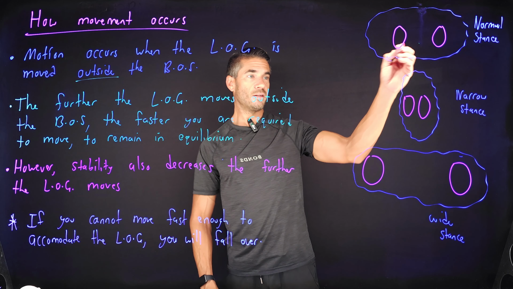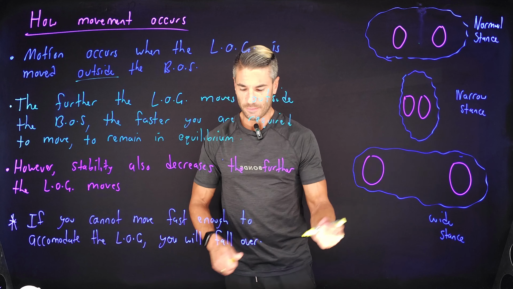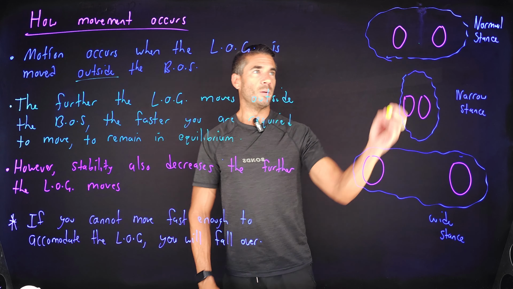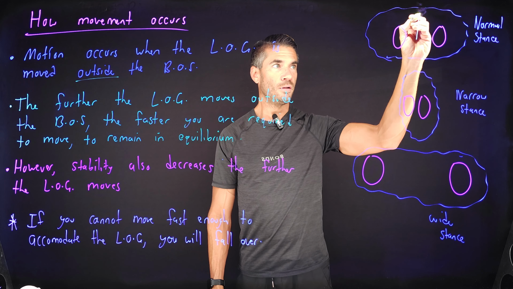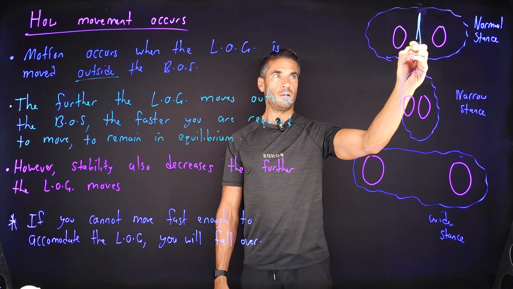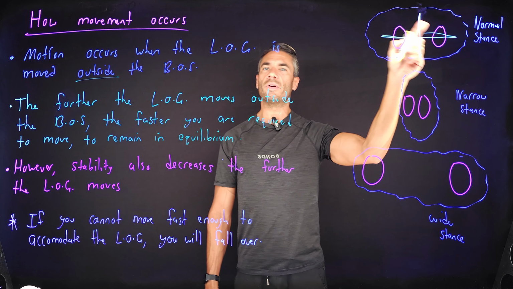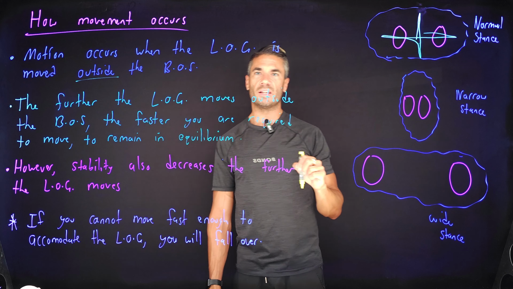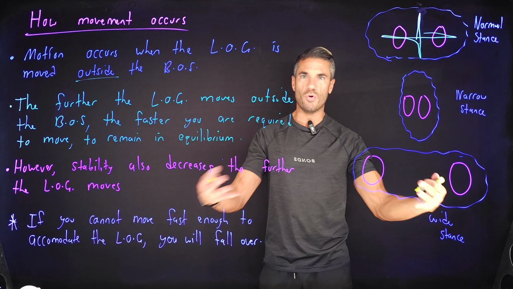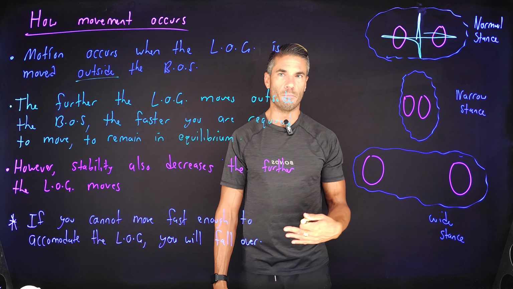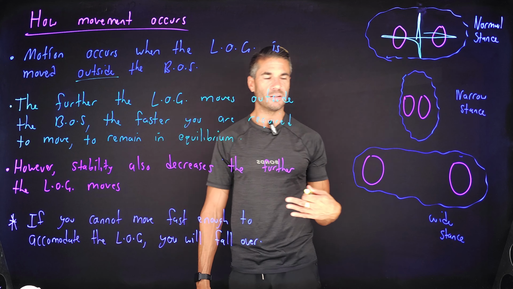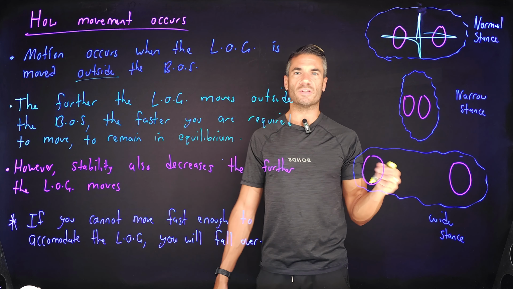As I'm doing this, my base of support is going forward, back, side, side. But at no point is the line of gravity falling outside my base of support, and therefore I'm not actually moving, all right? I'm sort of moving on the spot, wiggling around, but I'm not actually causing movement.